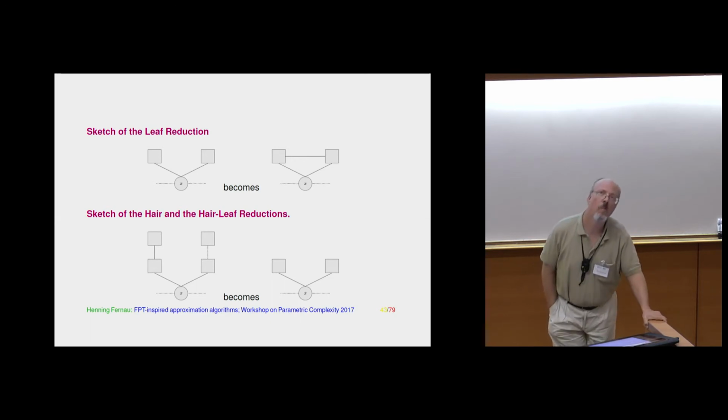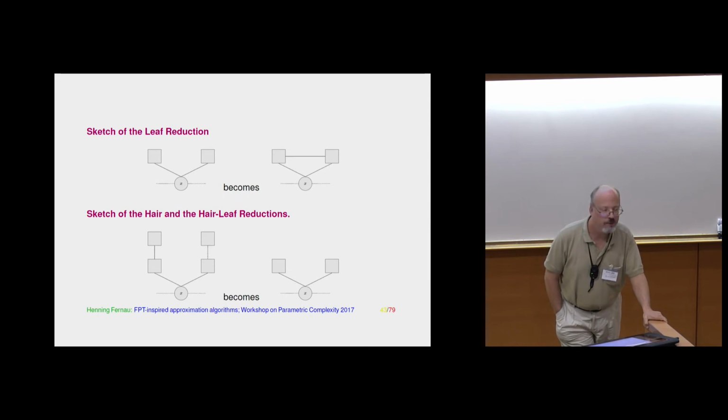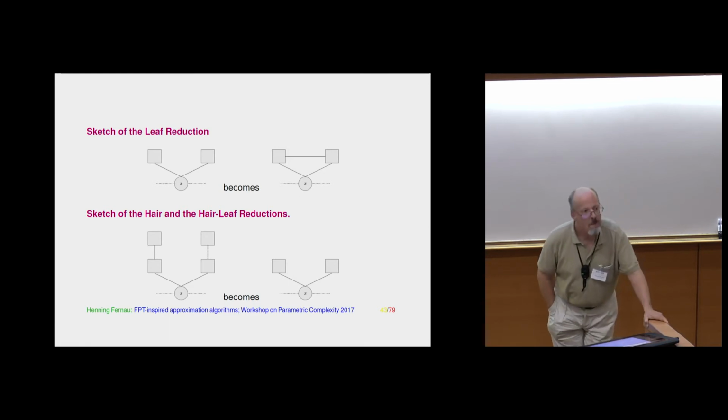Because usually your reduction rules actually reduce the graph, make it smaller. But this first rule, for instance, makes it somehow bigger. We add an edge between two leaves which are twin leaves. Well, why do we do this? Because we want to gain on structure.